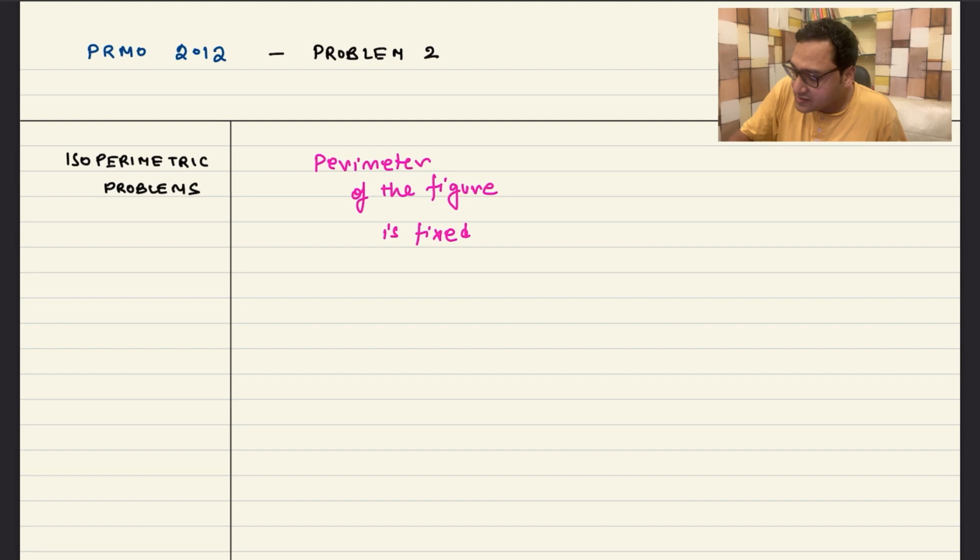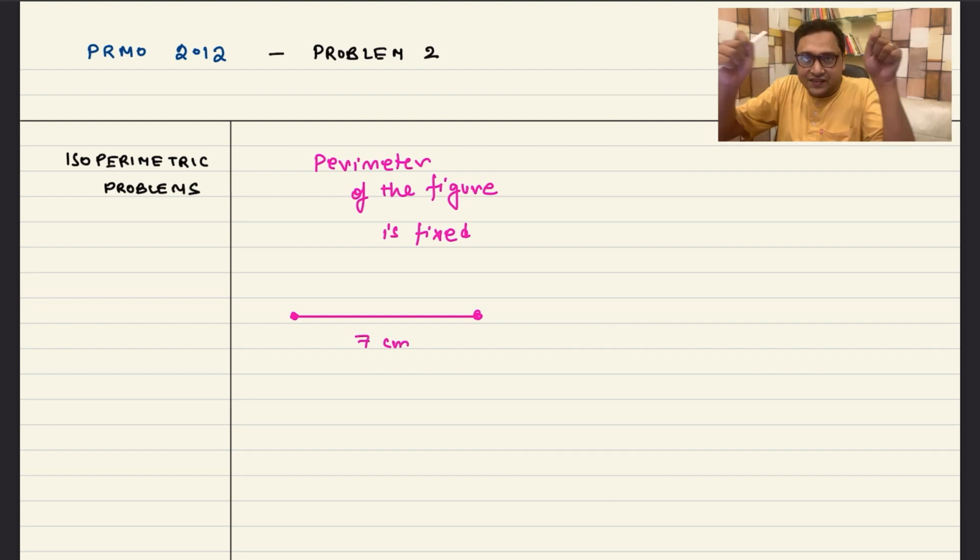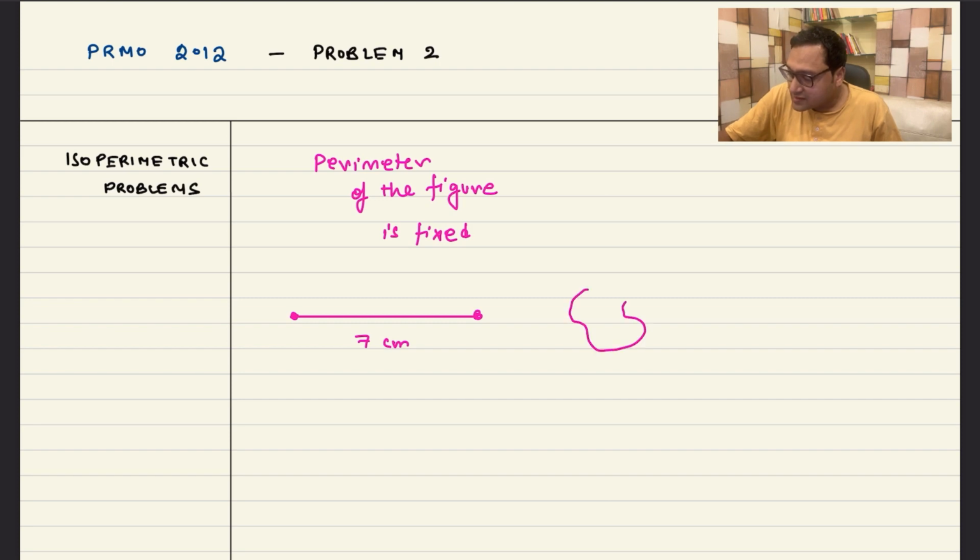In this case, it is a 7 centimeter long rope, and you are folding it, bending it, making it a closed figure. So maybe it looks like this after you have folded it. If you are bound to make a triangle, so then you put restrictions on the problem, then it probably looks like this, a triangle with perimeter 7 and so on.